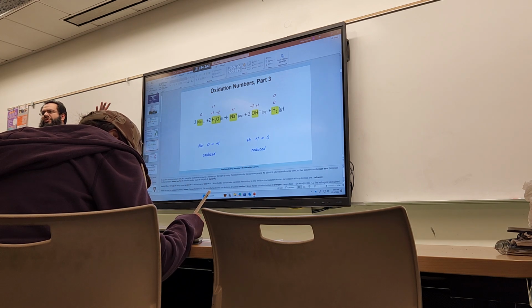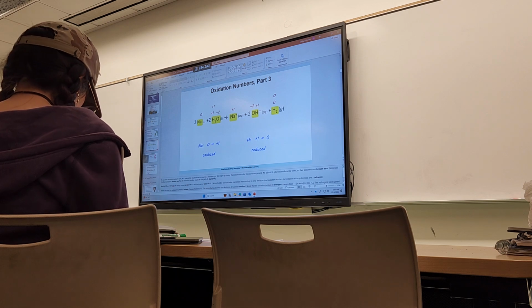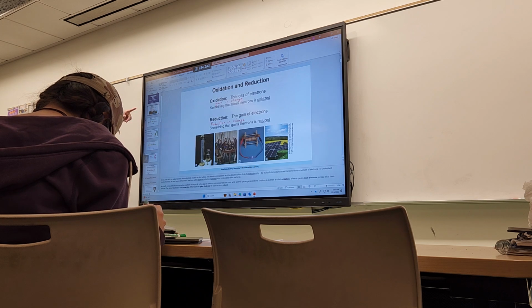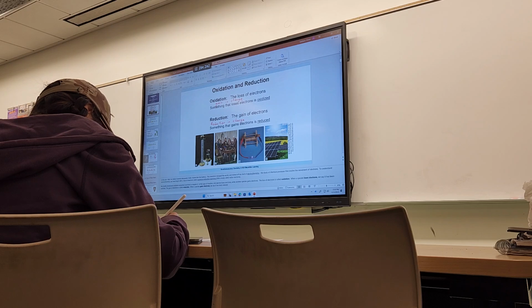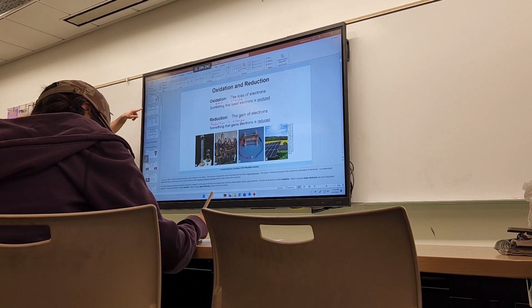Oxidation is an increase in charge, a reduction is a decrease in charge. Okay, that's the way I like looking at it. But in terms of the actual definition, it is related to the number of electrons. So oxidation is a loss of electrons, whereas reduction is a gain of electrons.